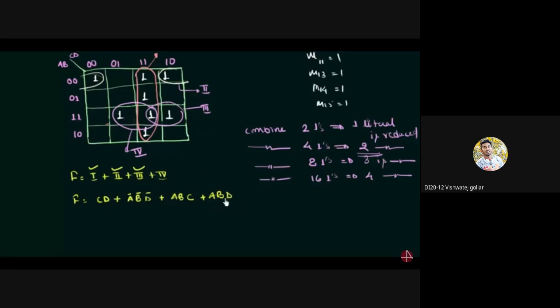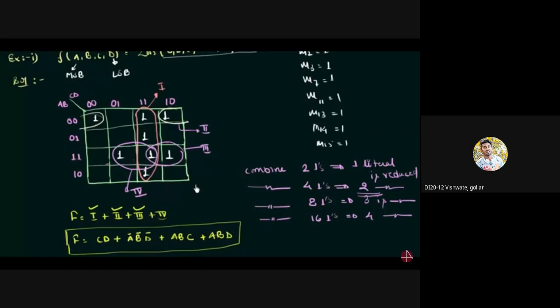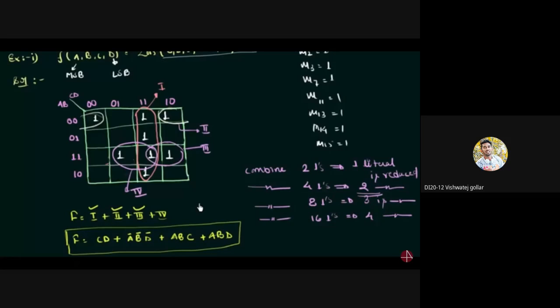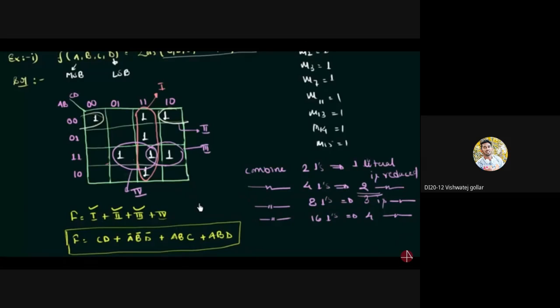So we'll neglect C and write D. So this is the reduced form of the function that we have just obtained from the K-map, and most probably you now know how to draw a 16 cell K-map for 4 variables, fill the values given in the question, then pair them up and write it in the reduced form.